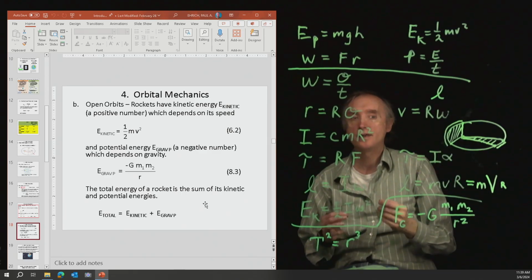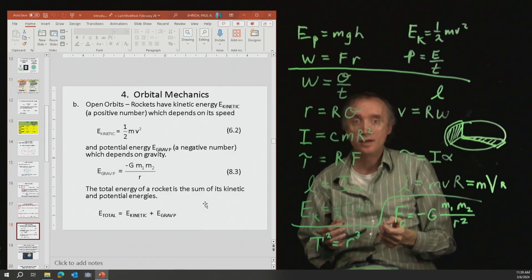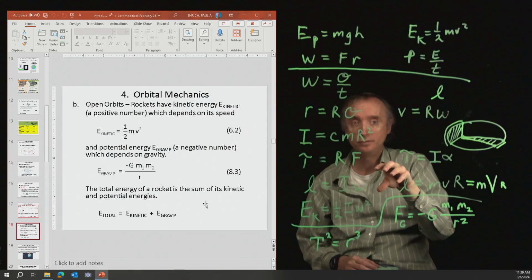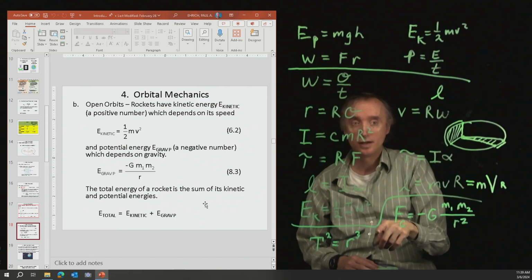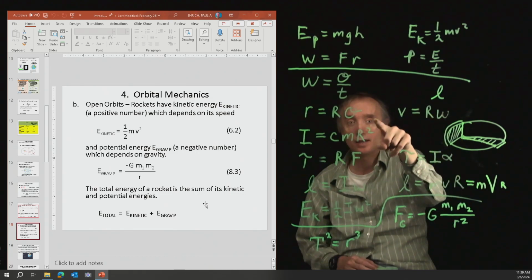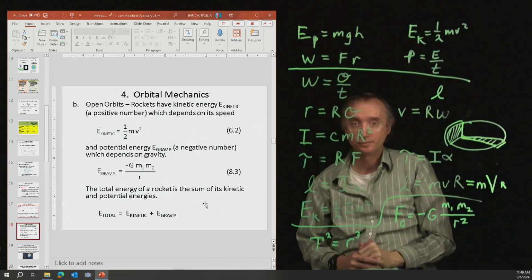But if it has just the right speed, then the kinetic energy becomes stronger than the potential energy, and then it can escape. That's going to be called a hyperbolic orbit.